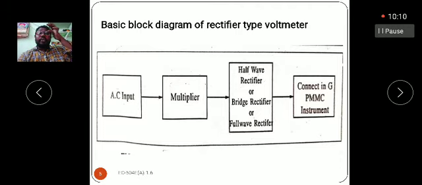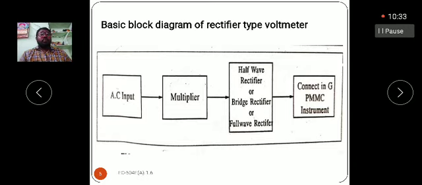The third block is the half wave rectifier, bridge rectifier or full wave rectifier. The next one is connected with the help of a galvanometer or detector, the PMMC instrument.